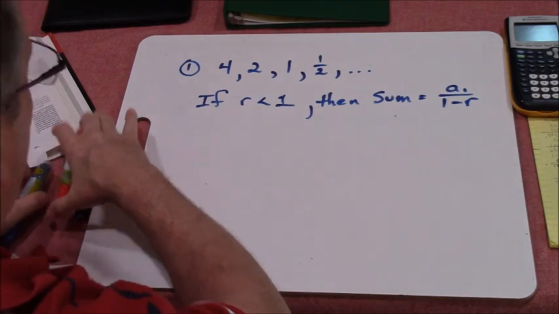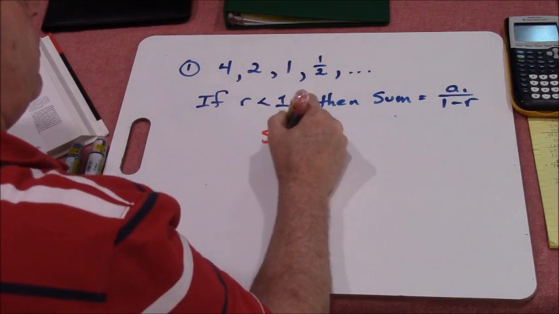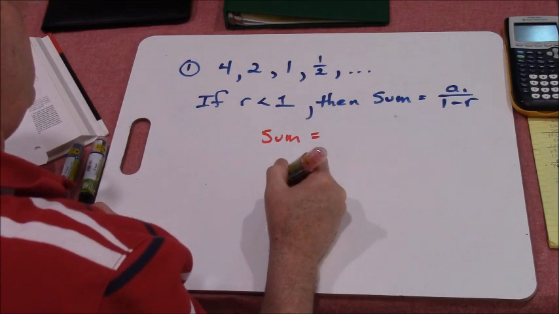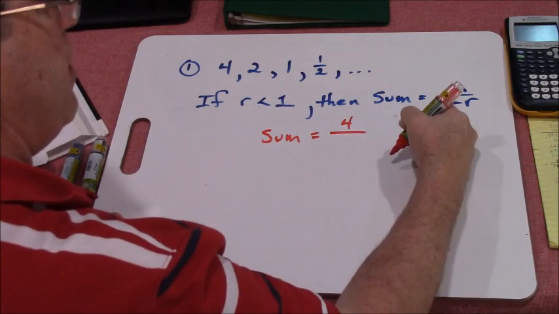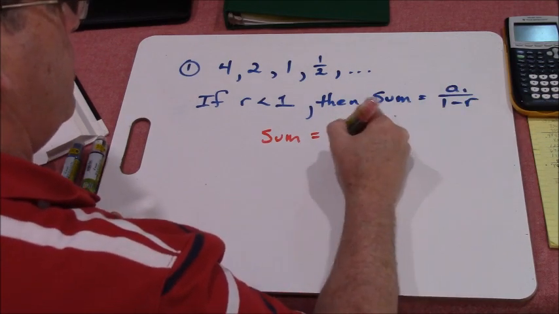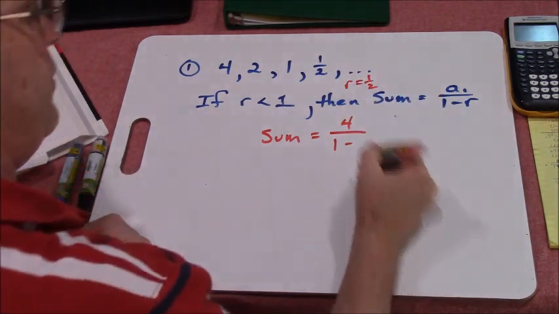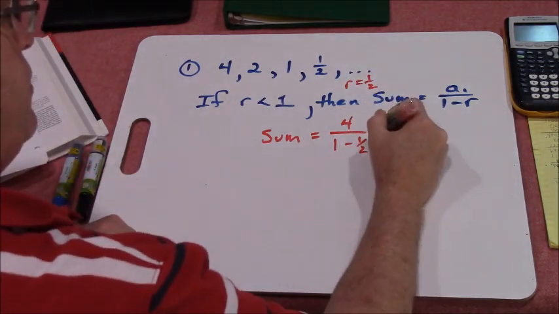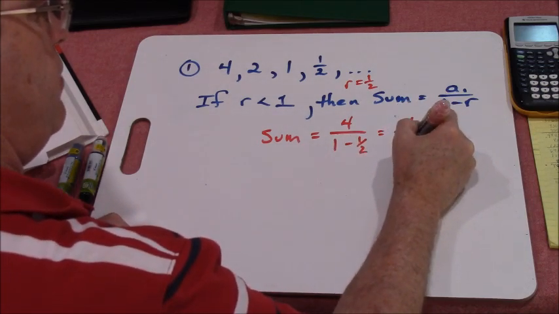And so if we take this new formula here and use that, we would say that the sum is going to equal the first term, which is 4, divided by 1 minus r. Well, the number we're multiplying by is 1/2. So that equals 4 over 1 minus 1/2, which is 1/2.